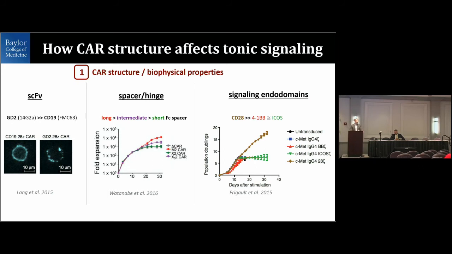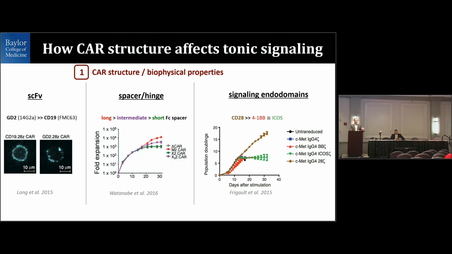Likewise, a study from the Penn group a few years ago showed that the CD28 endodomain is actually more prone to tonic signaling compared to 4-1BB and ICOS. As you can see here, again, the cells expanded much longer when they had a CD28 endodomain in a CAR.